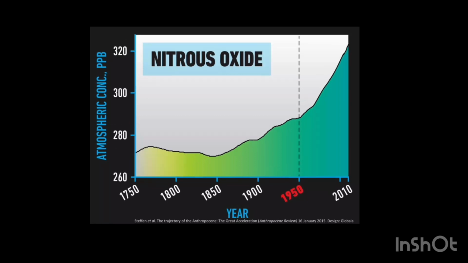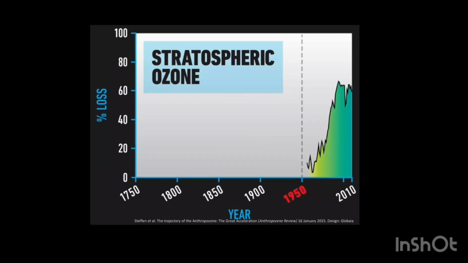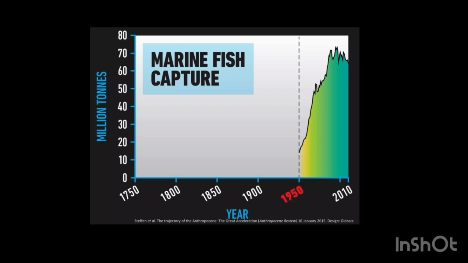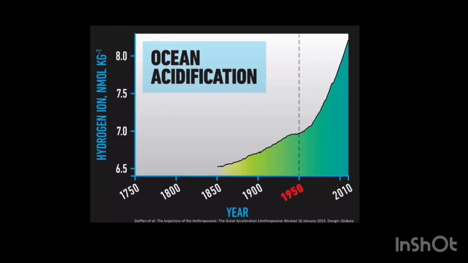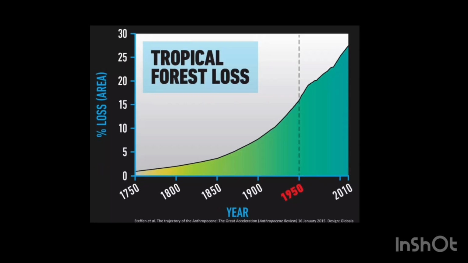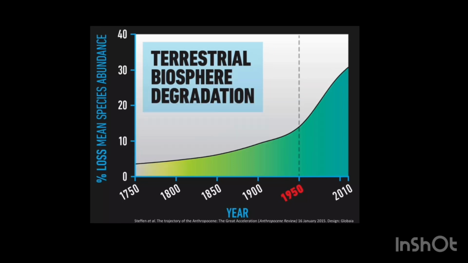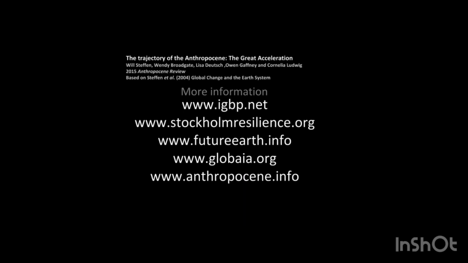You see nitrous oxide, you see surface temperature of Earth, you see stratospheric ozone, you see marine fish capture in the form of depletion, you see ocean acidification massively accelerating, you see coastal nitrogen, shrimp aquaculture, tropical forest loss, domesticated land, terrestrial biosphere degradation.